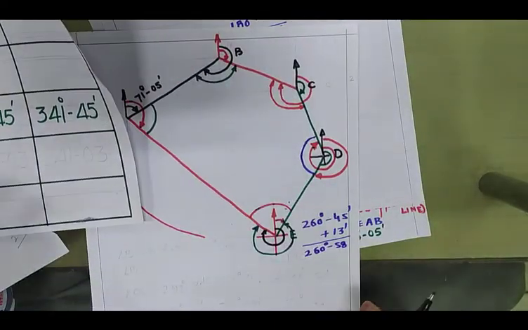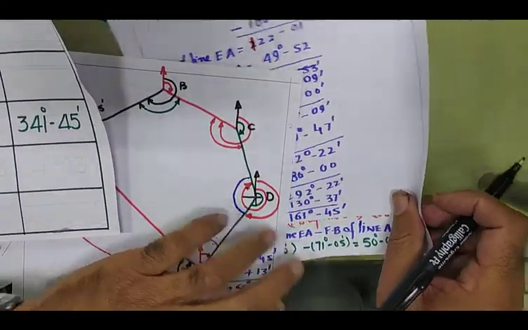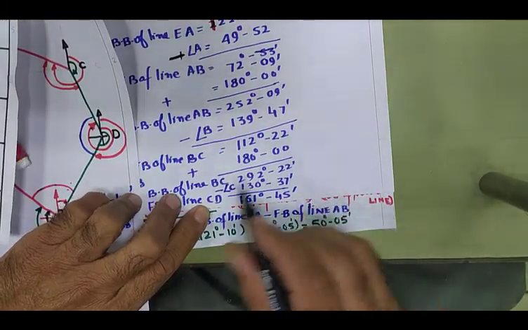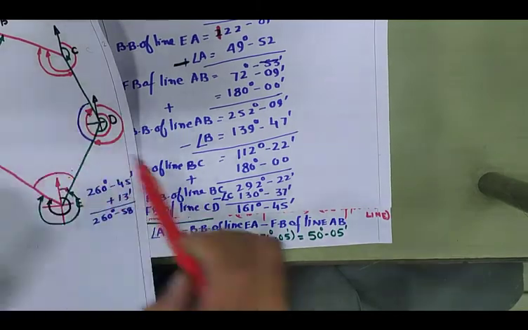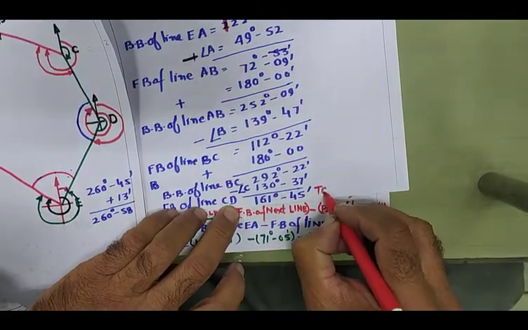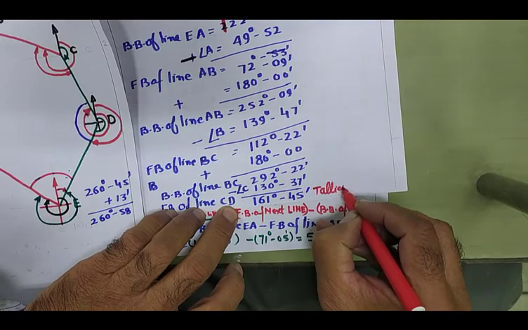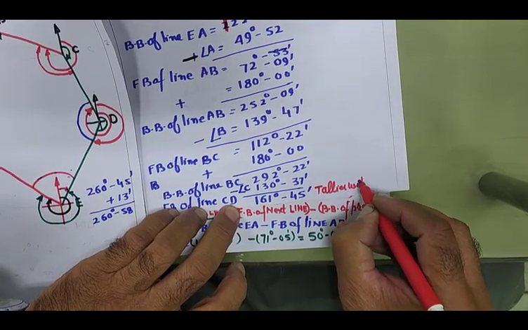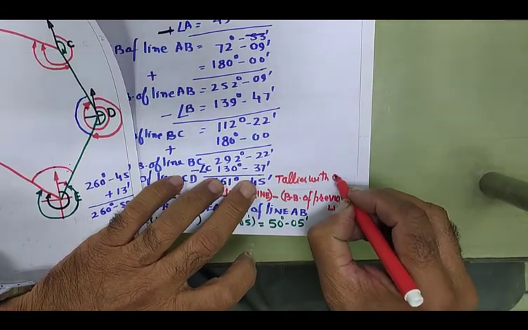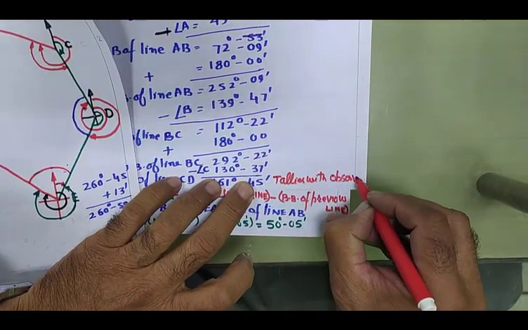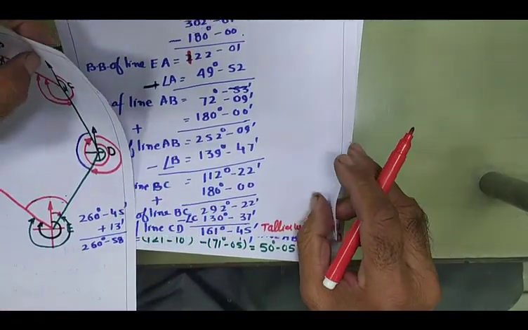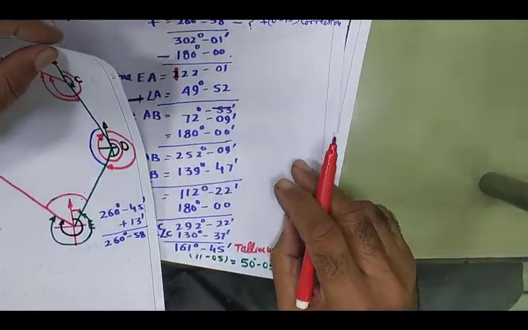It tallies with the observed value. So it means our calculation of the forward bearings is correct.